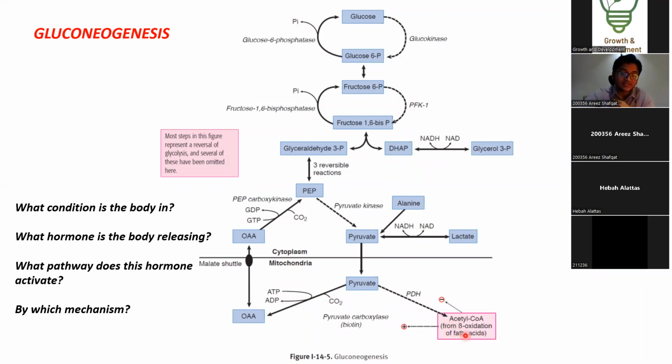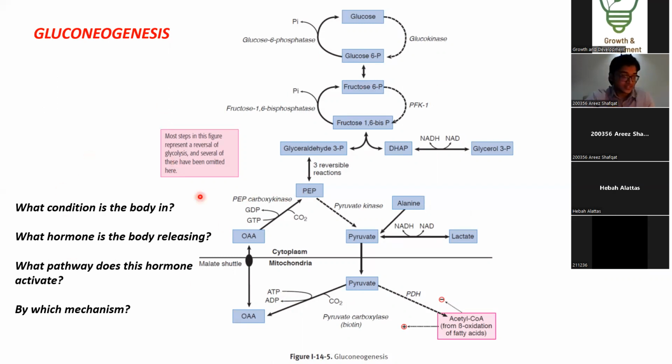You get this energy from beta oxidation of fatty acids. The next step I need you to know is this one, PEPCK, PEP carboxykinase. This is activated at the gene level by glucagon.